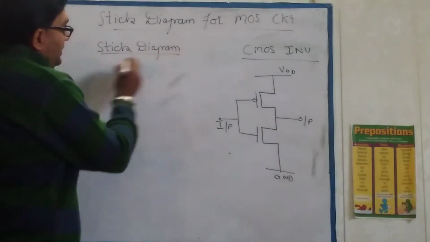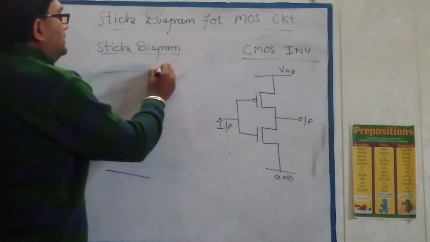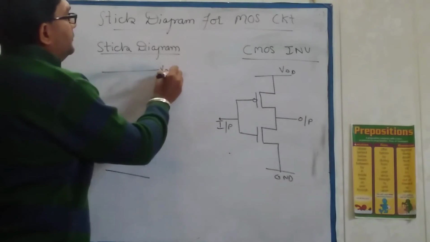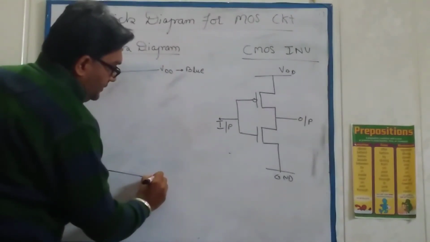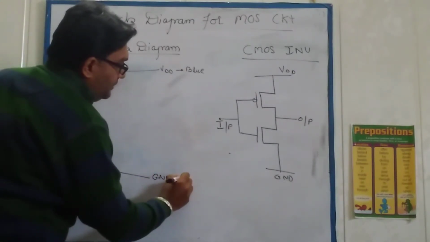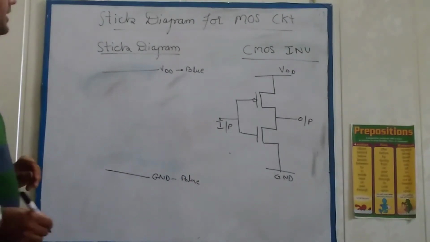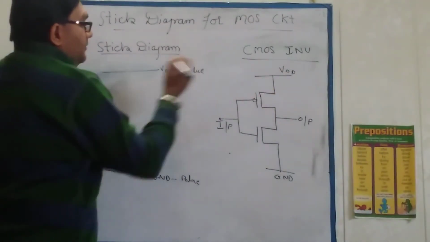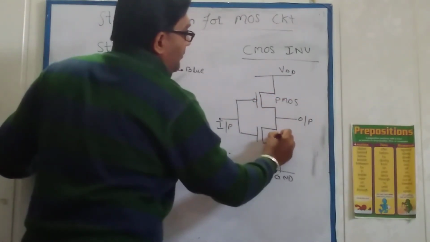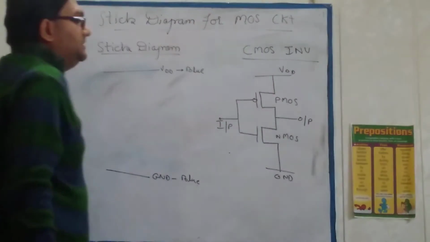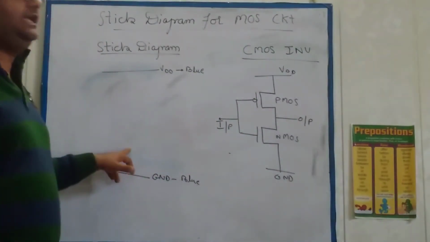First, the supply lines are taken. This is your VDD. VDD is shown in blue color. Ground is also shown in blue color. These two lines should be blue. Now we have the PMOS here and the NMOS here. We have to show the P diffusion here and the N diffusion for the NMOS.